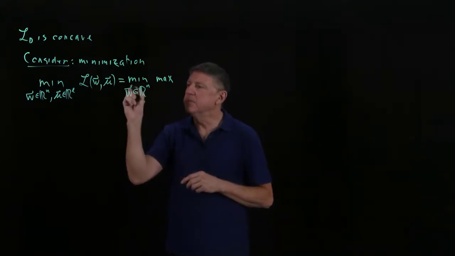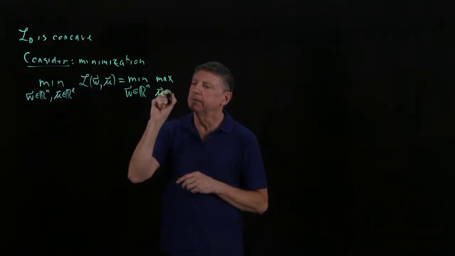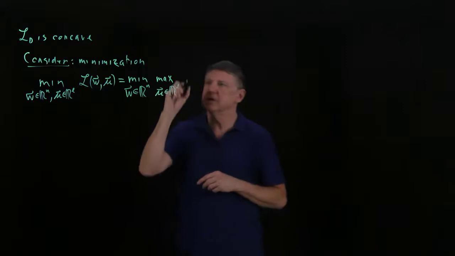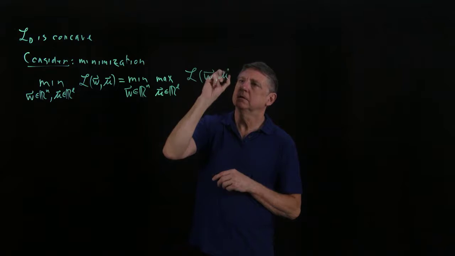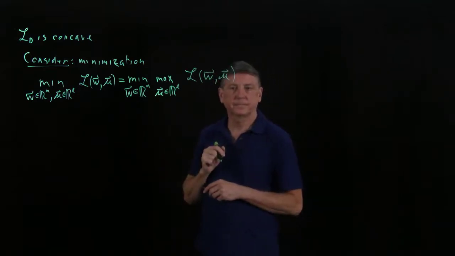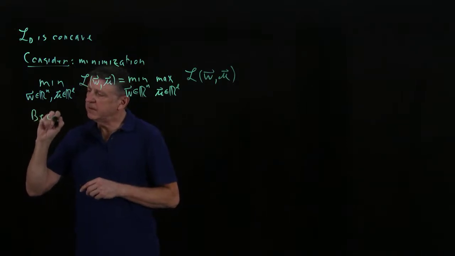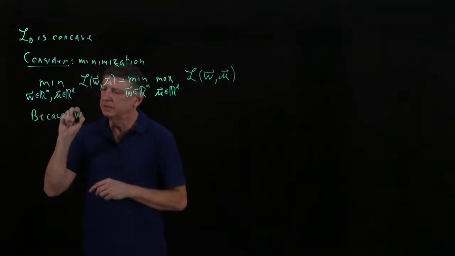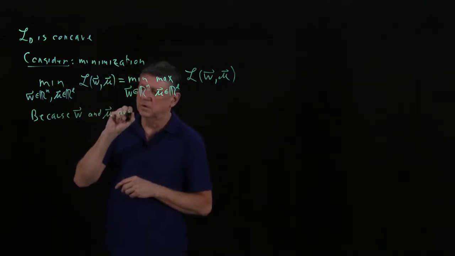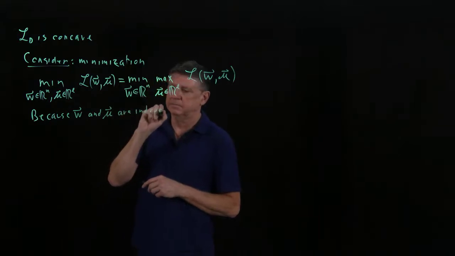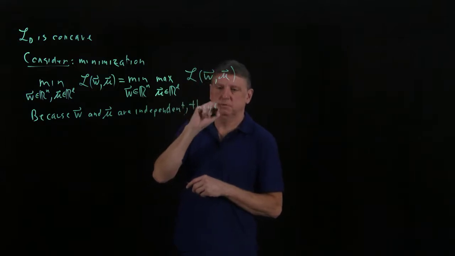So that's the minimum over the vectors and the maximum over the Lagrange multipliers of that primal Lagrange function. Let's write this down. Because w and mu are independent, they commute.